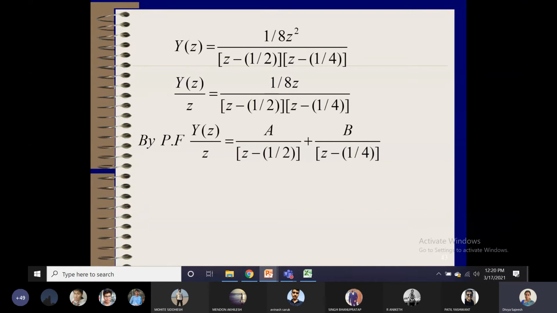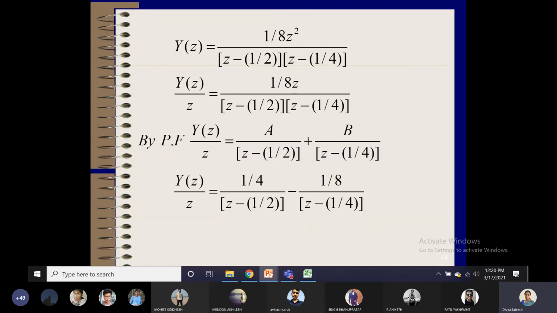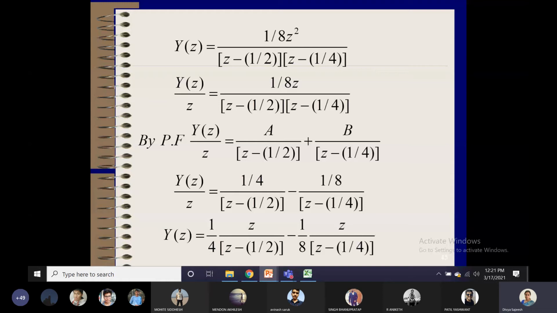Okay, so after doing the partial fraction, you are obtaining A and B, so that you can check later whether the A and B values are correct. So you are getting A as 1/4, B as 1/8. Now let us take Z from the left hand side to the other side, so that you get the general form of the Z equation, and it will be easy to take the inverse Z. So on the right hand side you get 1/4 Z upon Z minus half minus 1/8 Z upon Z minus 1/4.